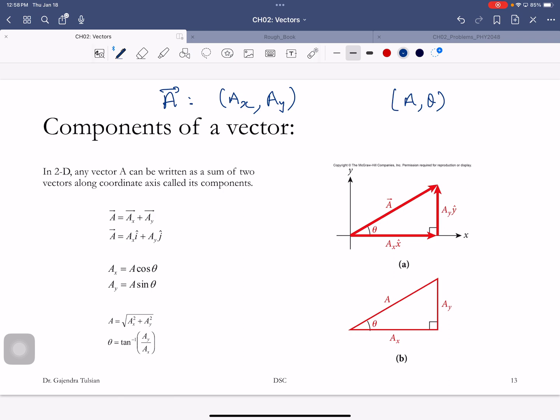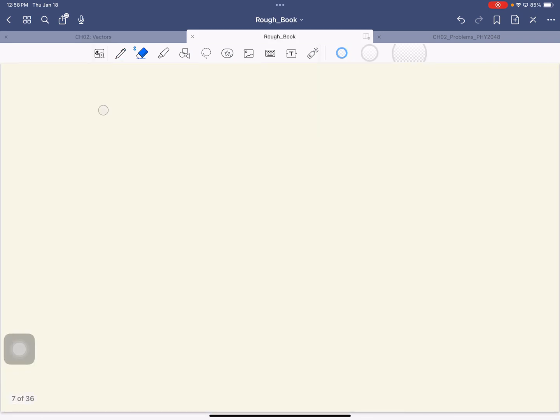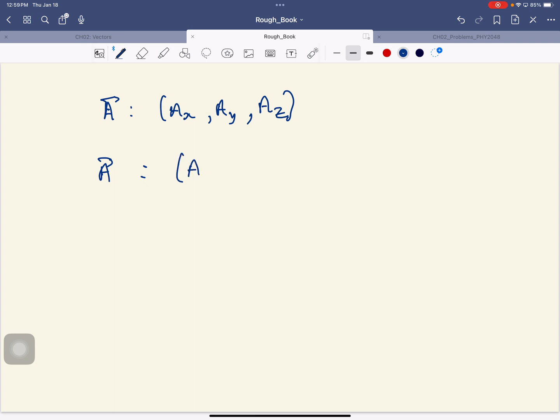In 3 dimensions, if the vector was in 3 dimensions, let me know if you guys understand this. You could give these 3 numbers, or the vector could be specified by giving its magnitude and these 2 angles.